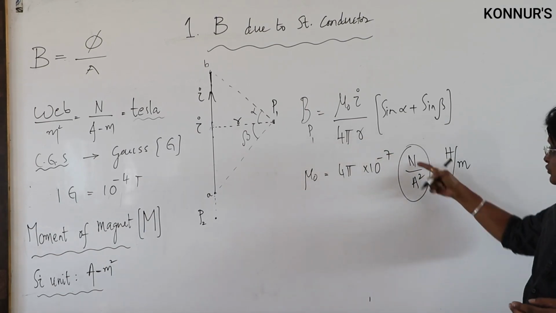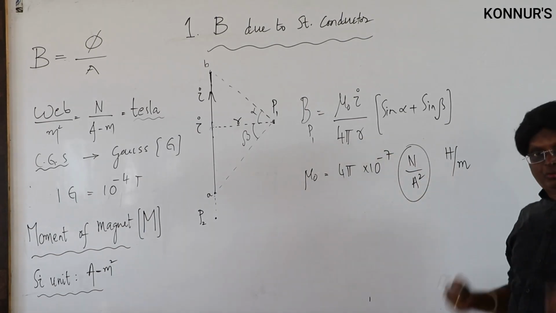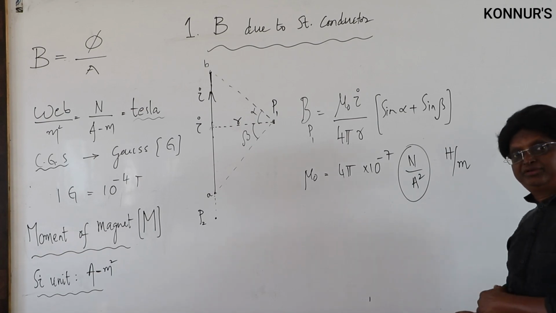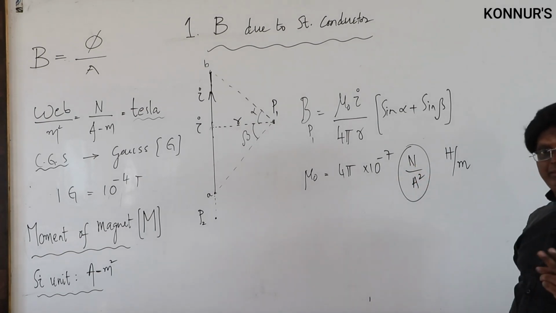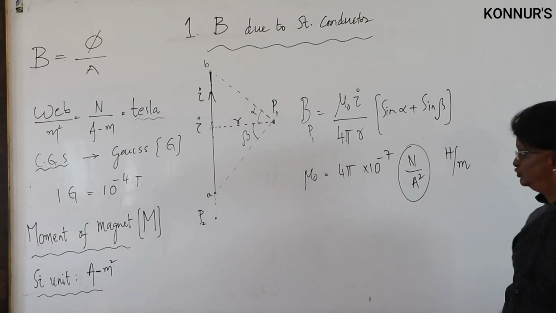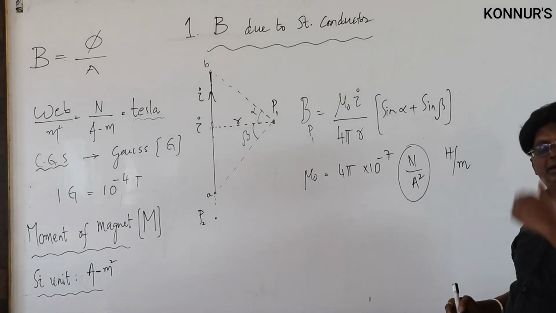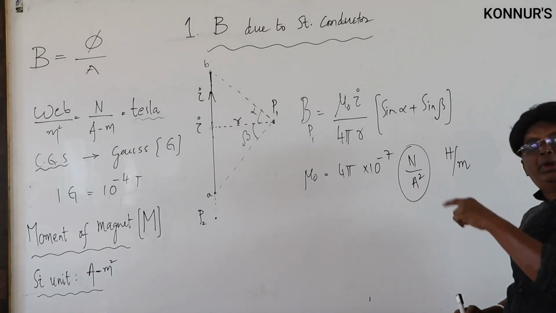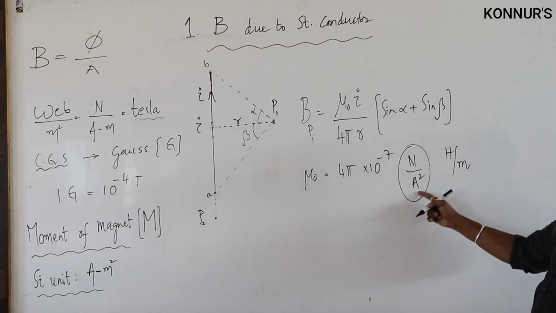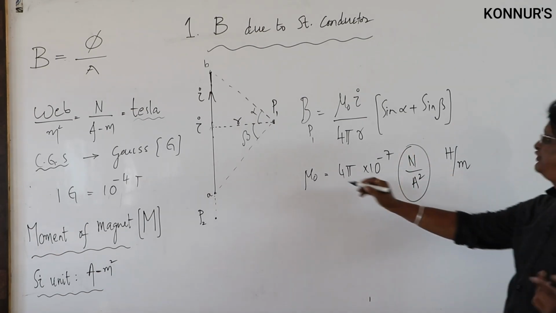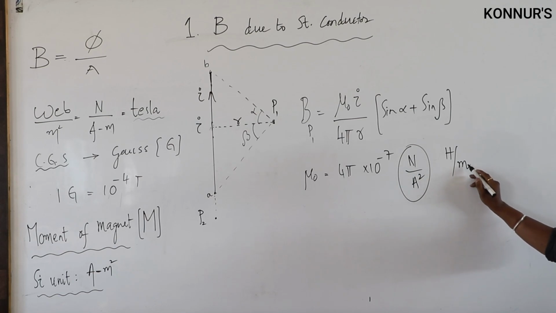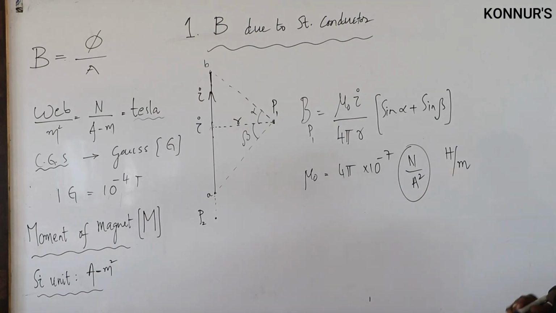Look at this unit, Newton per ampere square. Therefore, writing dimensions is also very easy. Newton is MLT^-2, and this is ampere square, which will be I^-2. So writing dimensions will be easy if you remember this one. Generally we write it as Henry per meter.